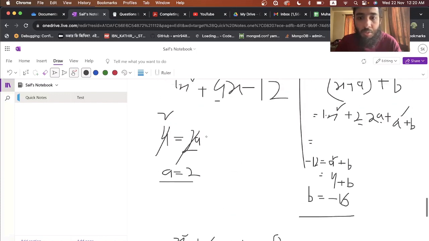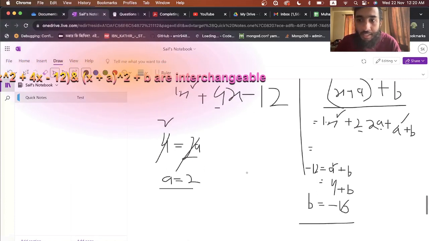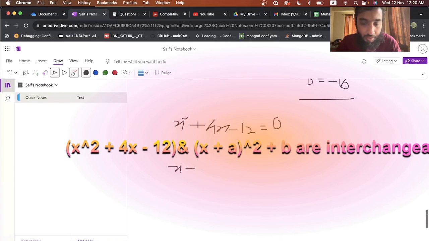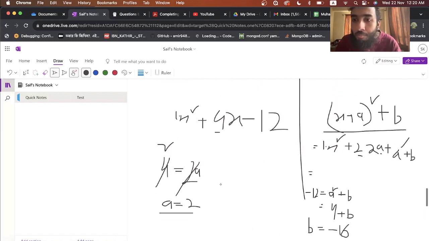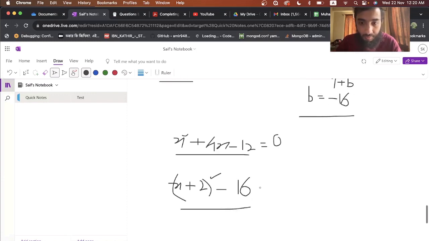Now if we use the value of a and b to express x plus a whole square plus b, where the value of a is 2, so x plus 2 whole square plus the value of b, which is minus 16. So this form is the same as this form.